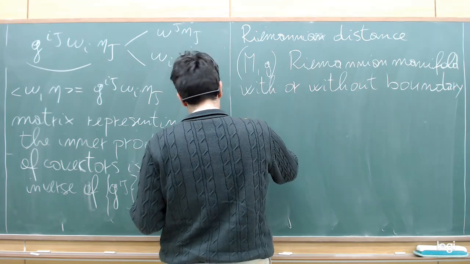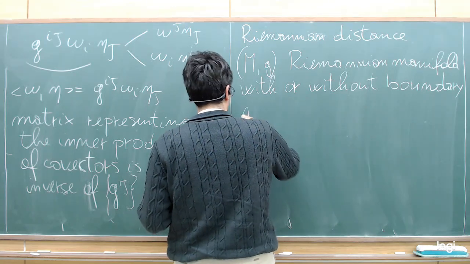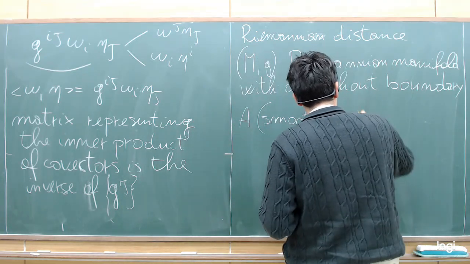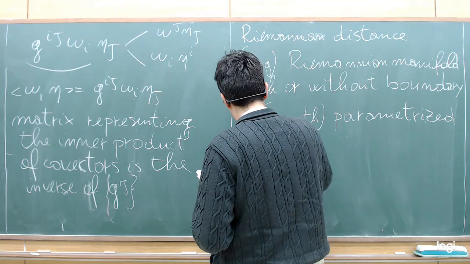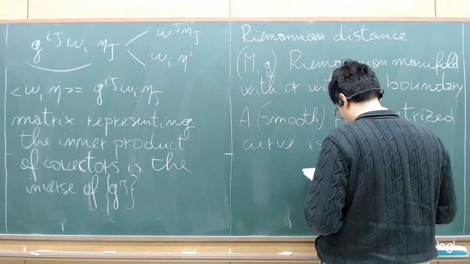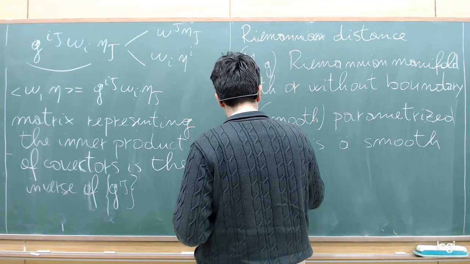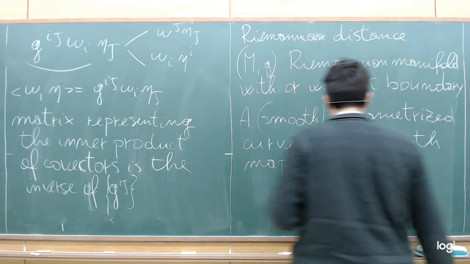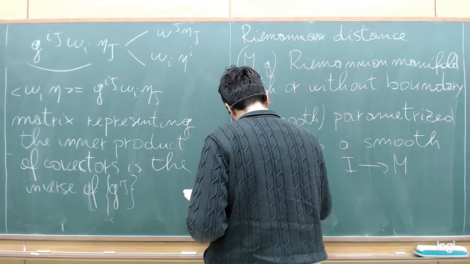Then a parameterized curve is a smooth map gamma between I and M, where I is an interval.